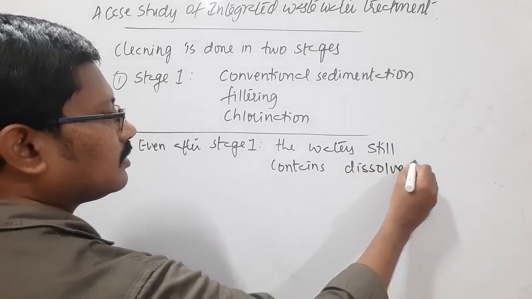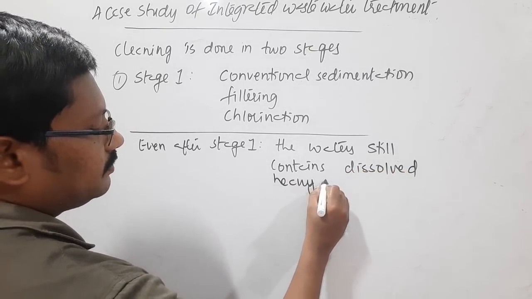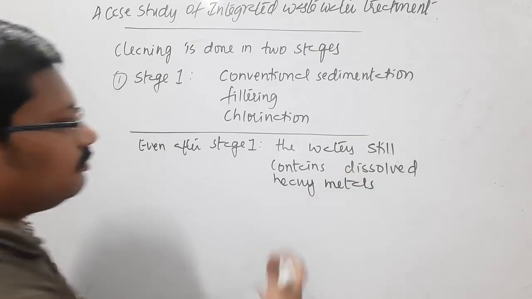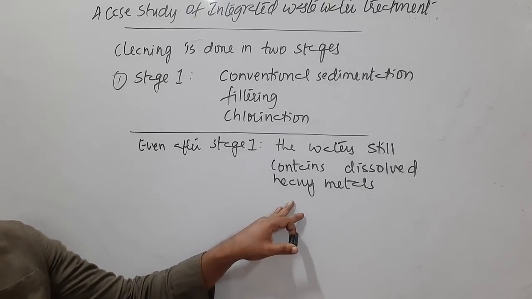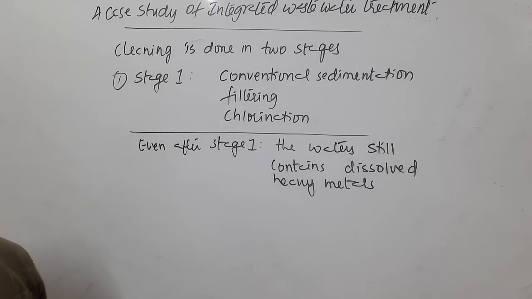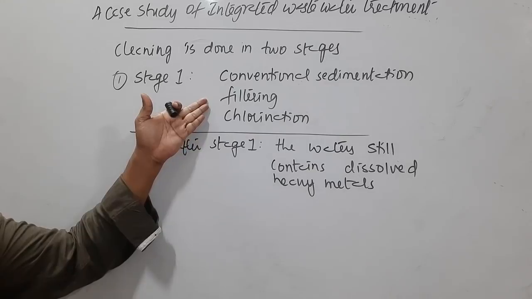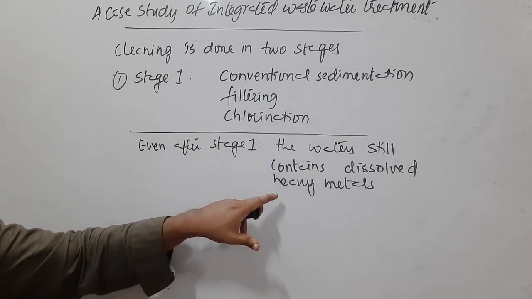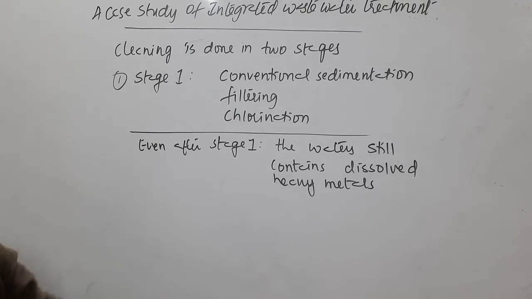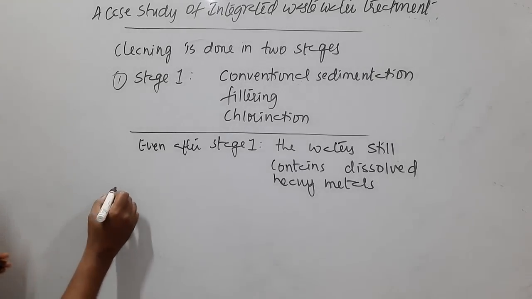Now we need to tackle these heavy metals. We need to remove these dissolved heavy metals, which is quite difficult. You cannot do it with filtering, nor will the conventional sedimentation be useful in removing these heavy metals. Hence we need a new process that helps in removing these heavy metals, and that process is done in stage 2.